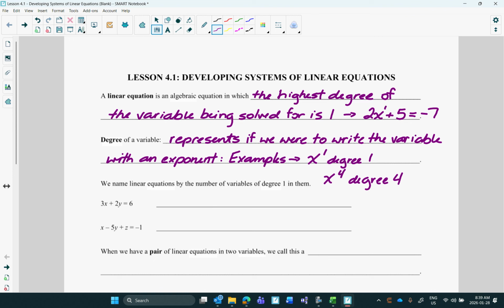So it's degree 1. These are all the equations you've been solving for a long time. We just never named them. Okay, but that's a linear equation.